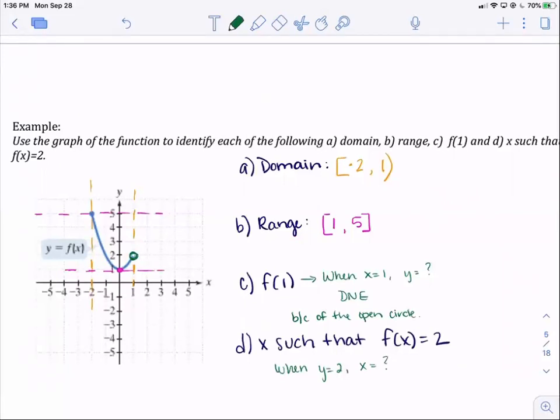So go to your graph. Would it be 1? No. That one doesn't exist. But then here, at this point, it does exist, and that x value is -1.